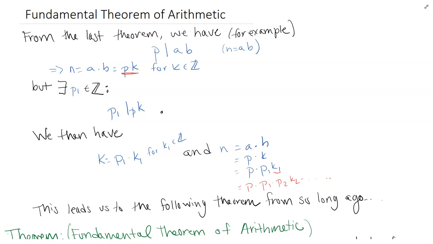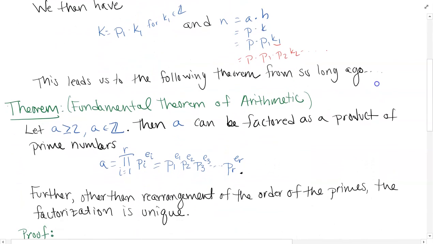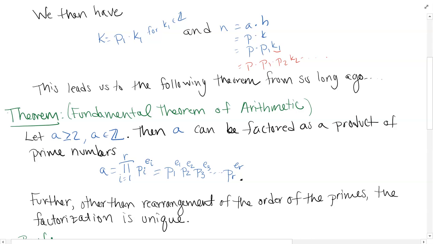And so that really leads us into what we think of as the fundamental theorem of arithmetic. This says we have a number that's bigger than 2, and we can say that this can be factored into a product of prime numbers, P1^E1, P2^E2, etc. The P's are the distinct primes, and E1 through Er are the exponents on each of the primes, so the number of times these primes appear.